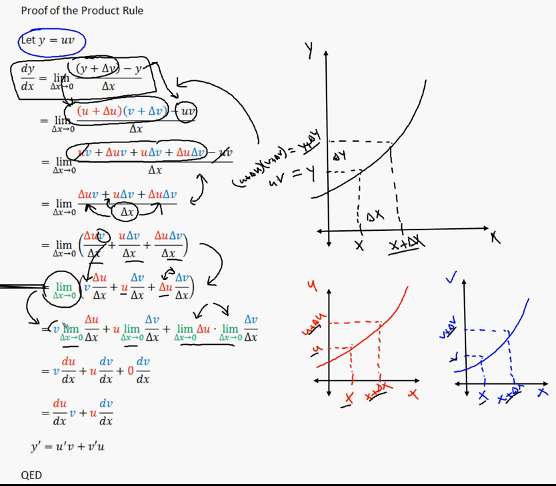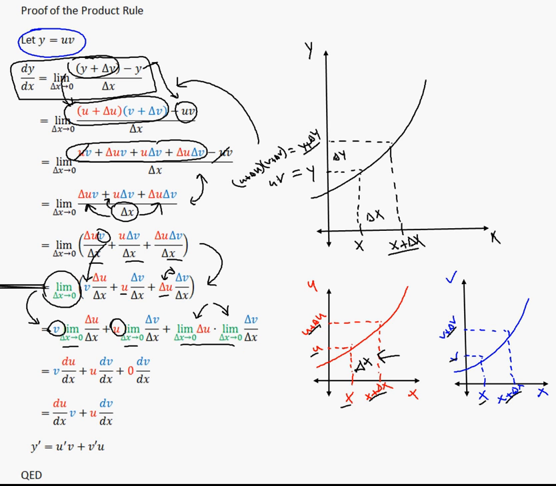You'll notice the v and the u are not inside the limits, and that's because as delta x changes, u and v don't change. So you can look down here at one of these graphs and say there's delta x, and no matter what delta x does, it just moves this line right here. It doesn't move u, right? Let's get rid of that.